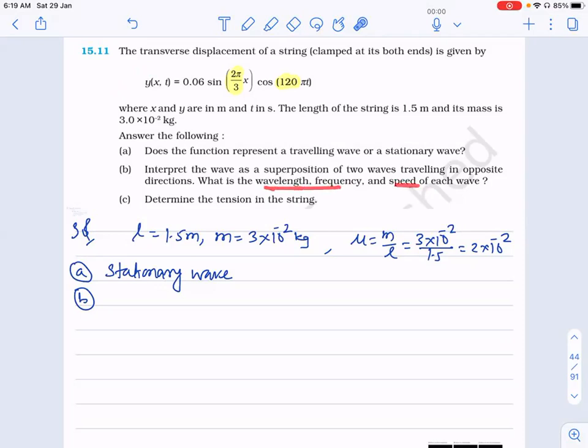Wavelength और frequency को multiply करेंगे, speed मिल जाएगी. How to get the wavelength first? Wavelength कैसे निकालेंगे, बोलो?